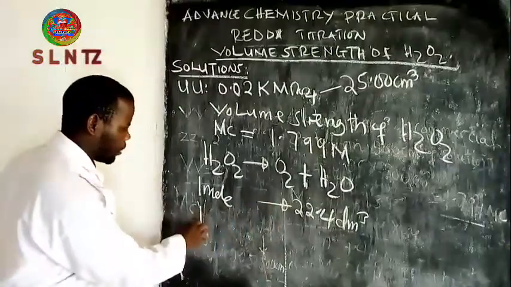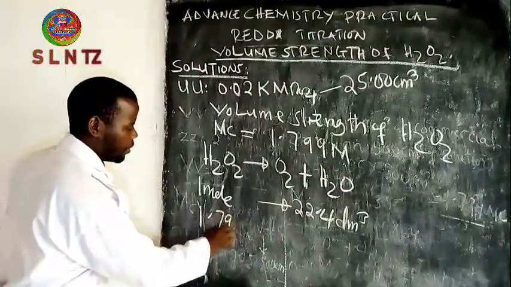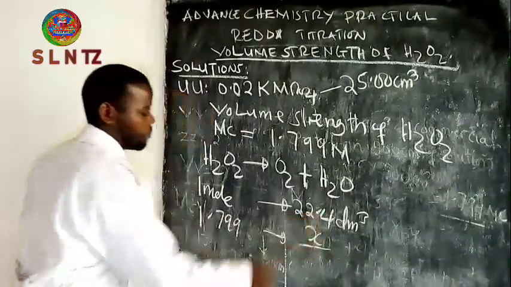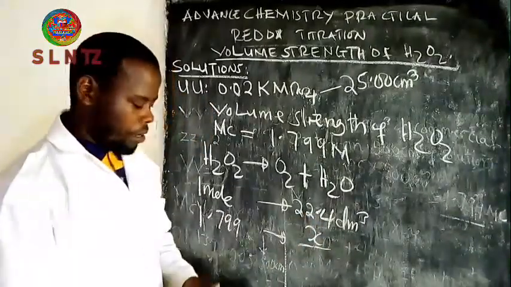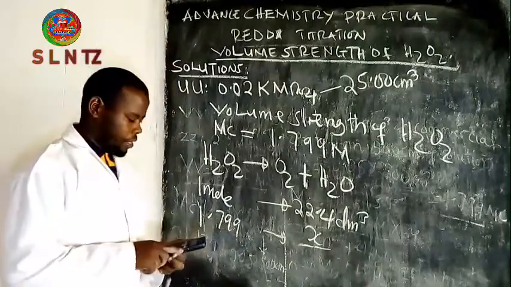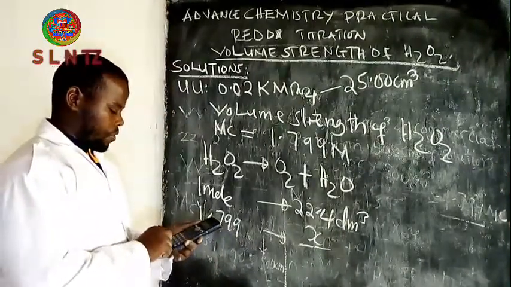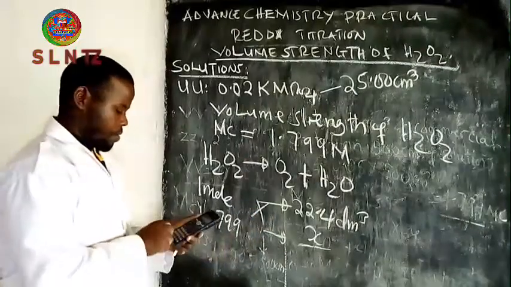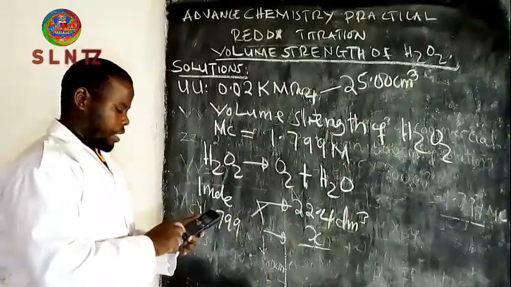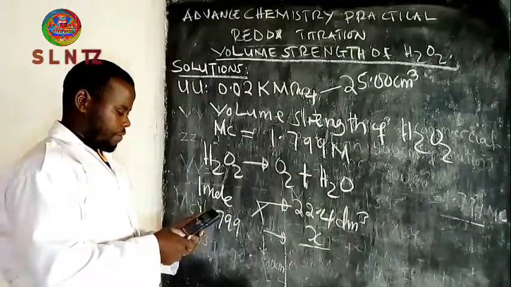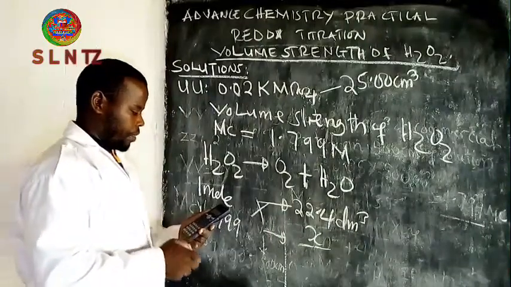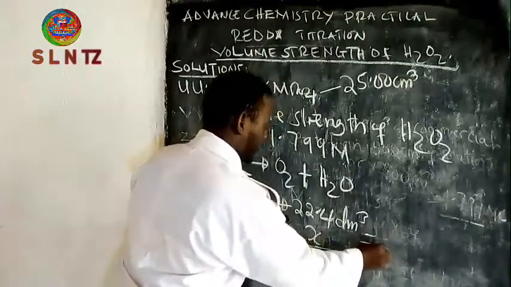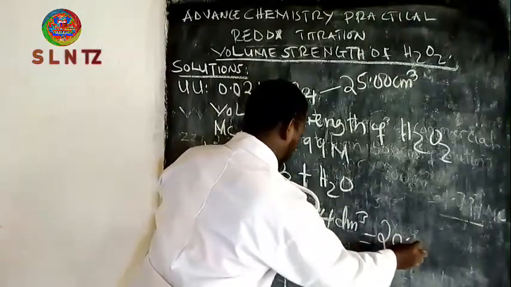So, how many moles of this will give the volume? It means 1.799 molar. So we find the volume, and our answer will be the volume strength. So 22.4 times 1.799 divided by 2, the answer will be 20.15.